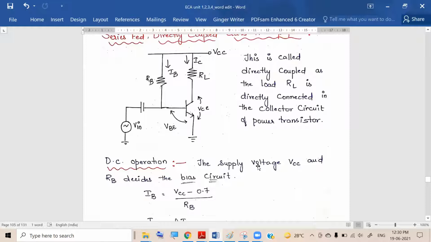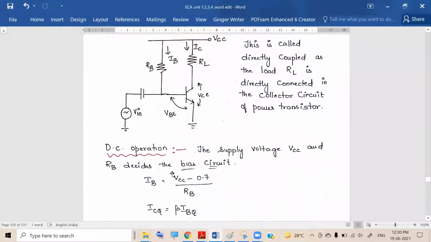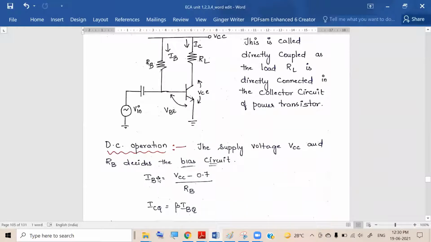So how do you fix the IB? Since VCC is constant, just by fixing this RB, we fix IB. And if IB is fixed, then the relation between IC and IB is IC equals beta IB, an approximate relation.